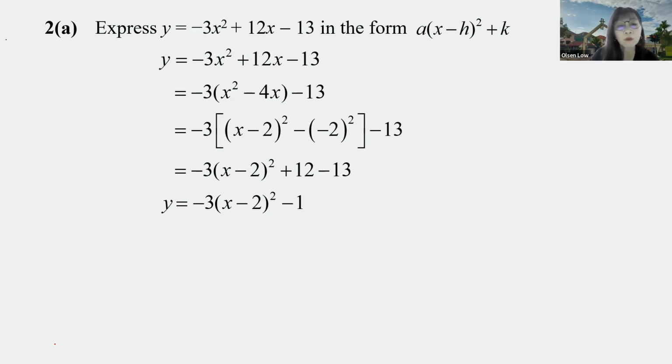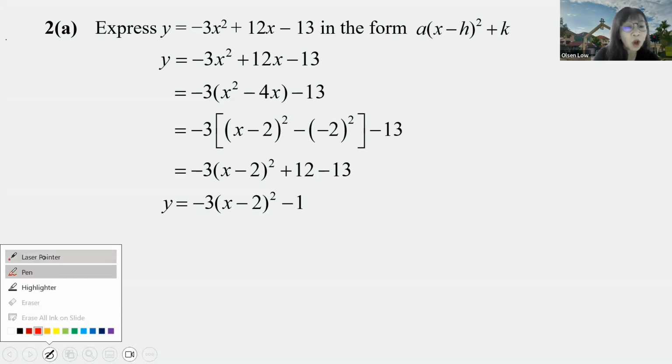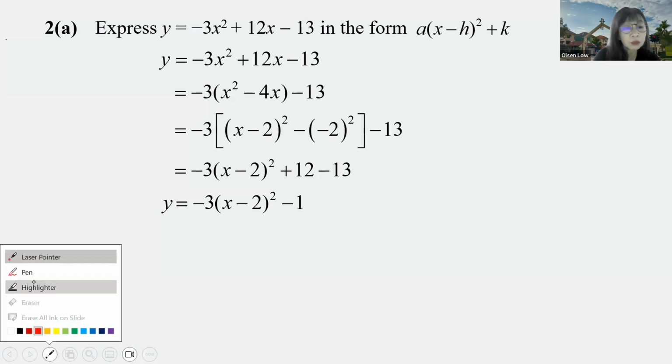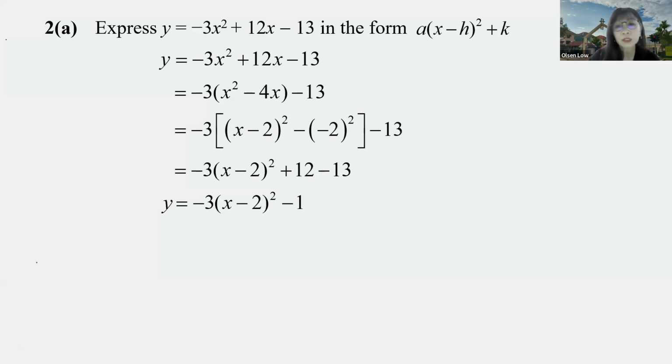If you make some observation, you will see that the coefficient of x² is negative, it's -3. Knowing that it is -3, you will know that this gives you a maximum graph, which means your quadratic curve will look something like this.